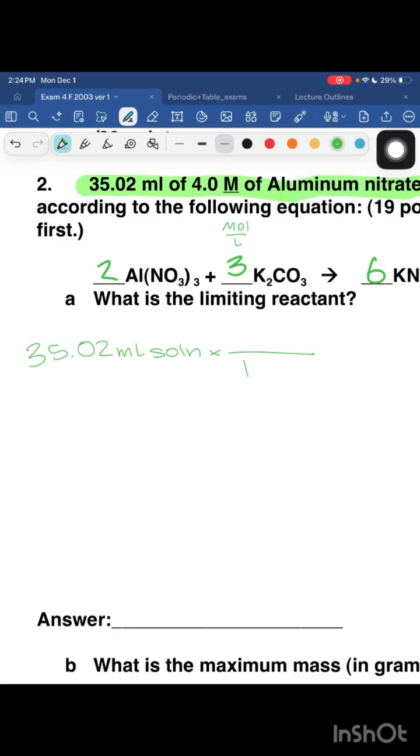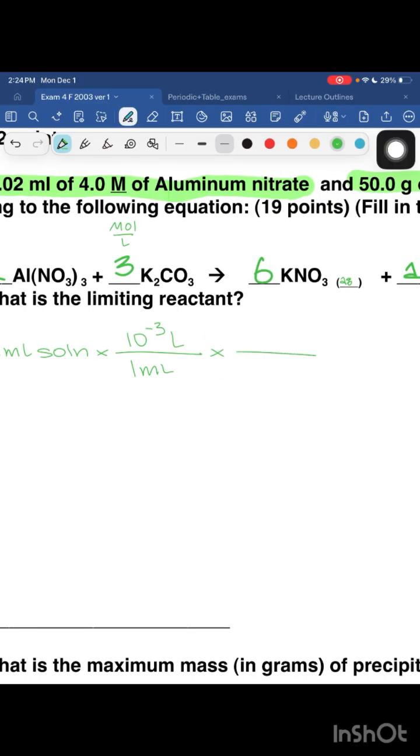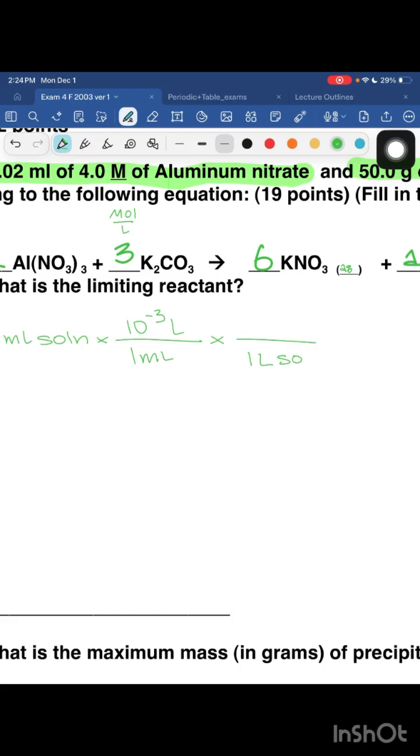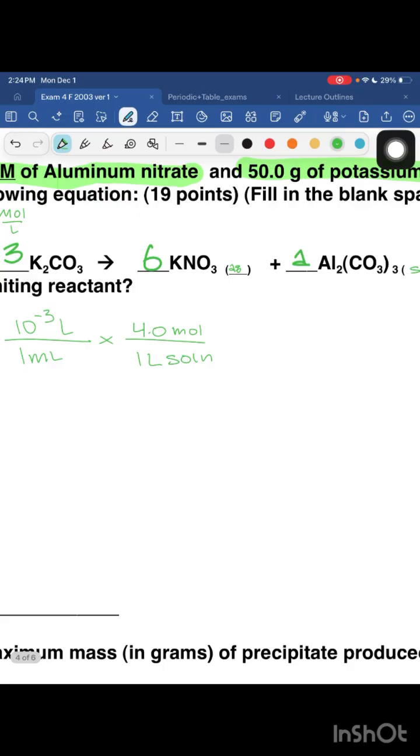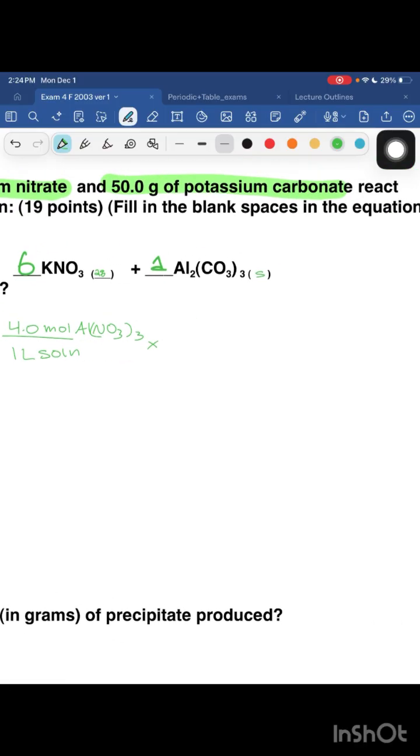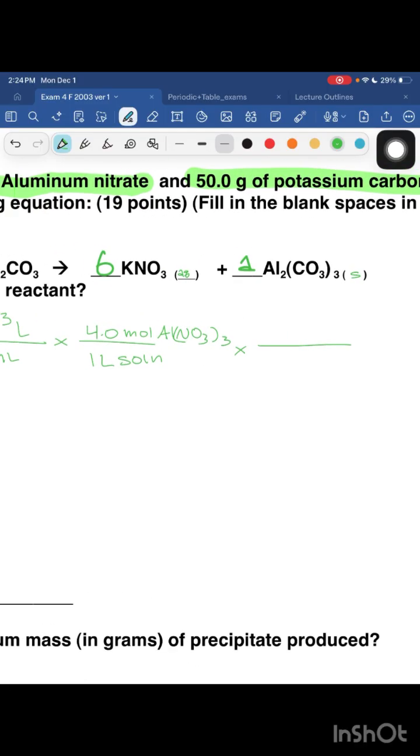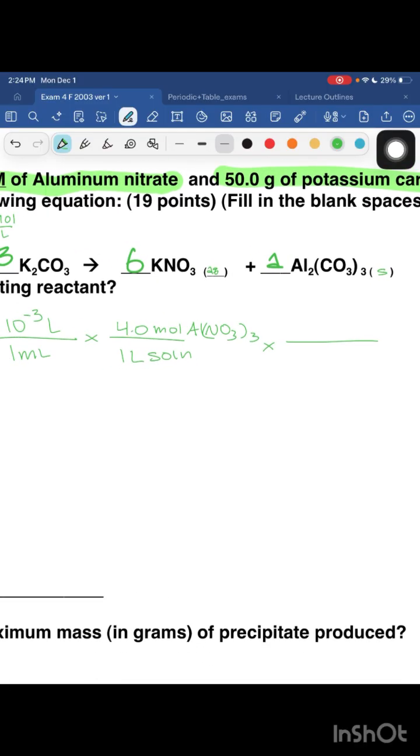So we need 1 milliliter for every 10 to the negative 3 liters. Now that we're in liters, for every 1 liter of solution, there's 4.0 moles of aluminum nitrate. From there, let's pick aluminum carbonate because I just feel like it.